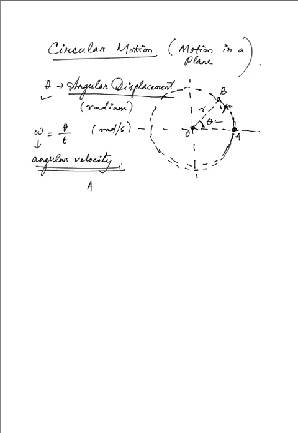Now, the arc length AB, as we know from the formulas that we have studied at school level, so AB, the arc, is equal to the angle swept, that is theta, multiplied with the radius, so r times theta. Now, AB is the distance, in this case s, right?